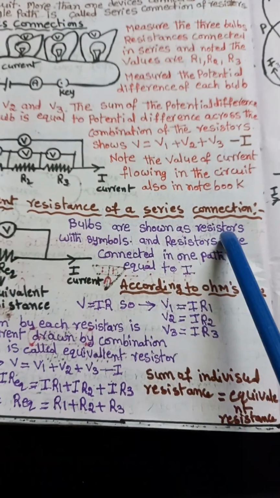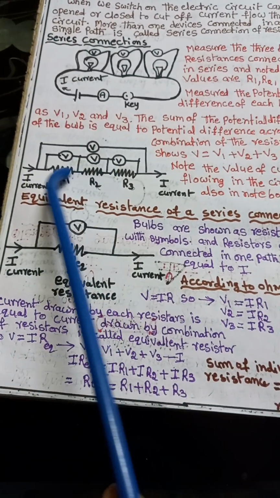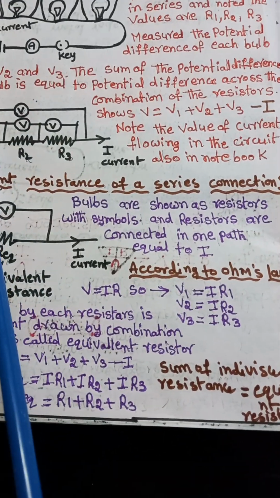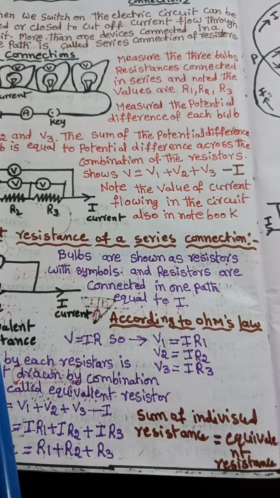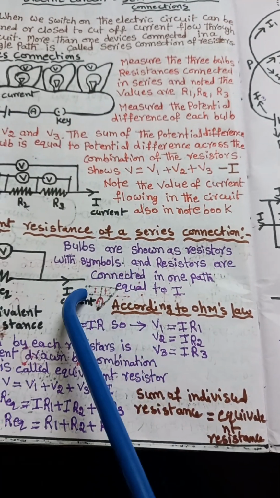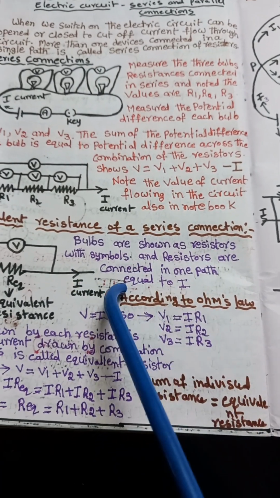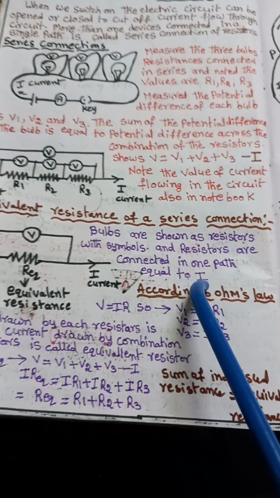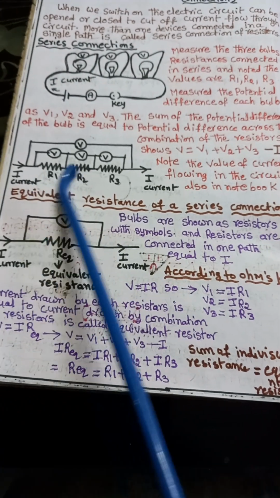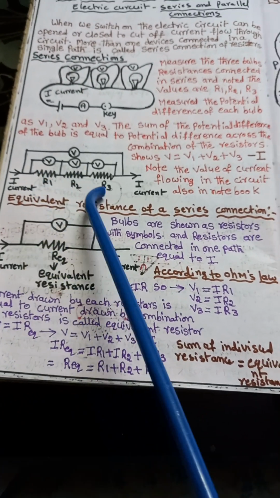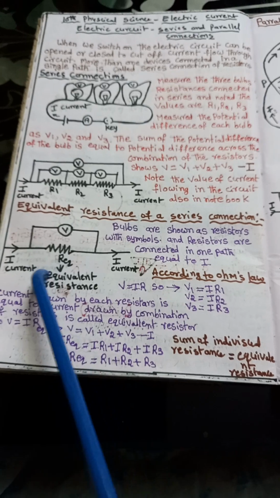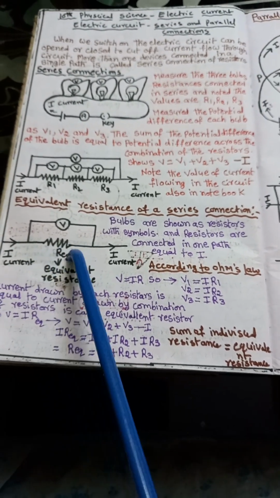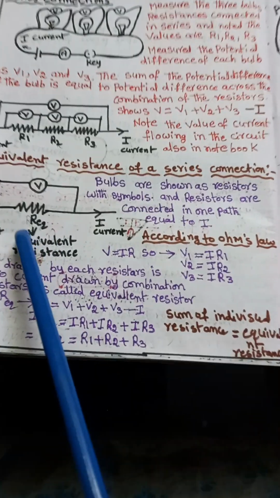Bulbs are shown as resistors with the symbols, and the resistors are connected in a path with current I. So here the three resistances are different, but the equivalent resistance is taken here.